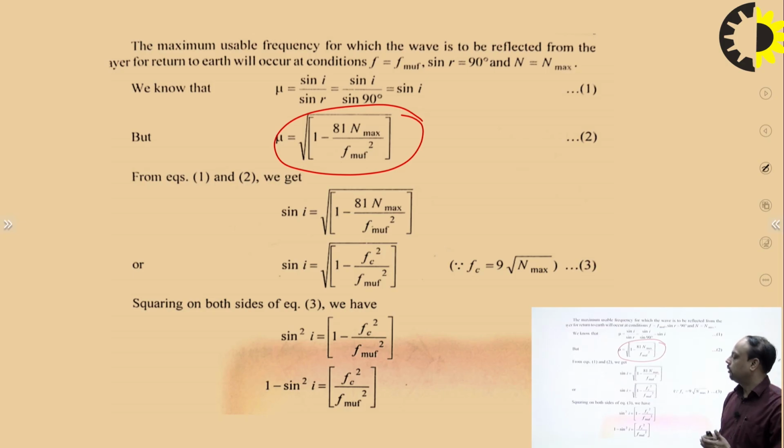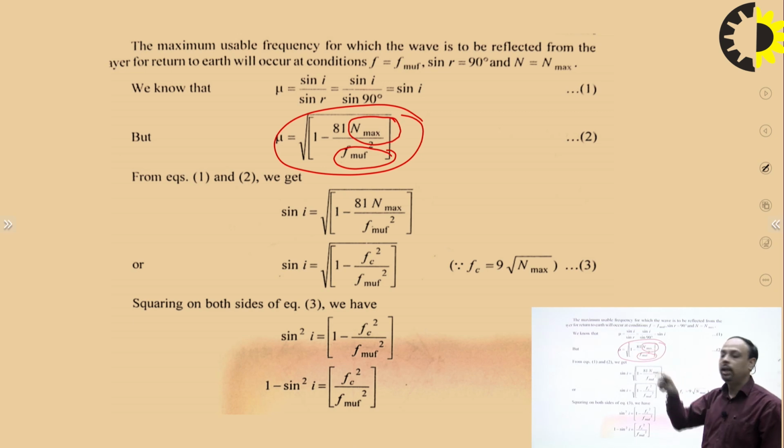The refractive index of the ionosphere layer is given by the square root of 1 minus 81 N max by f MUF squared, where MUF is the maximum usable frequency over which the escape distance is calculated, and N max is the maximum number of electrons present, the electron density.